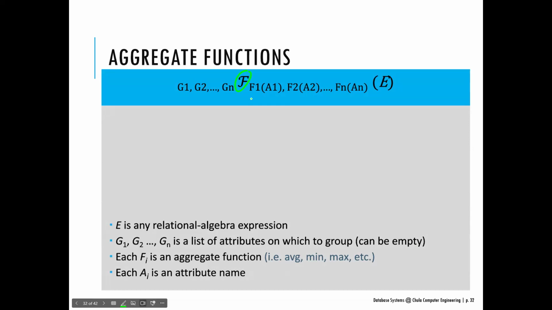And then you can say function 1 of attribute 1, function 2 of attribute 2, or function n of attribute n. And also you have something in front of F script, which are groups, like group by G1 attribute or G2 attribute, or group by whatever attribute that you are interested in. So basically, the aggregate function becomes very useful.